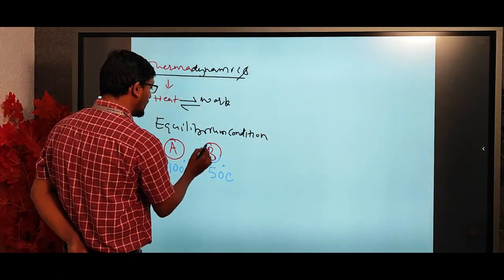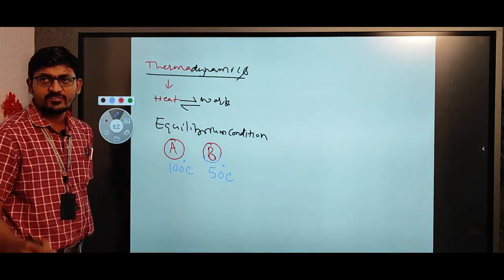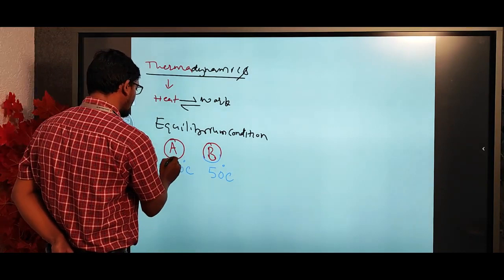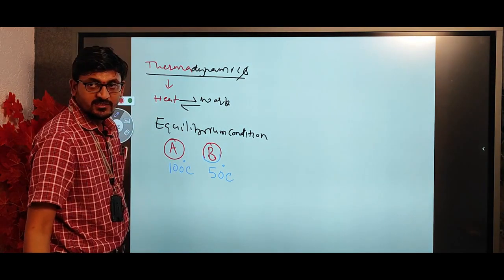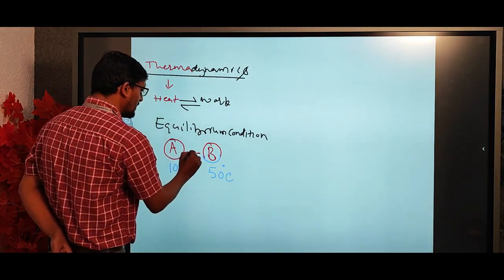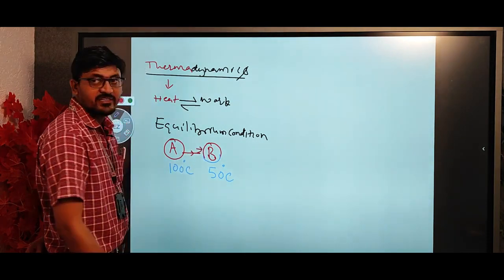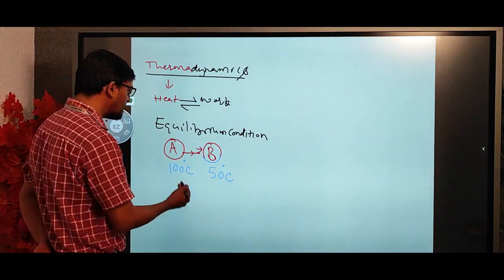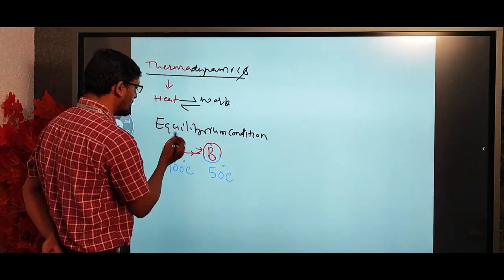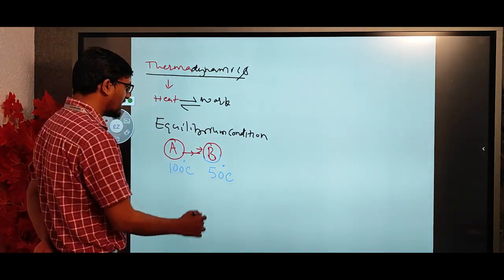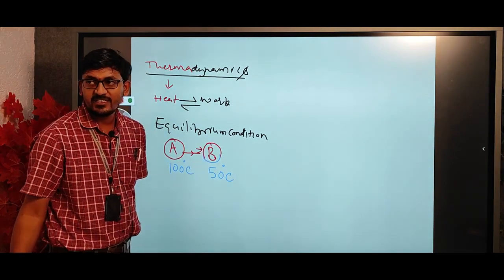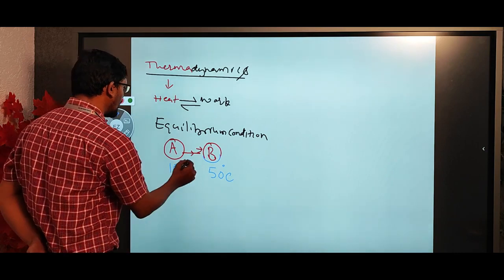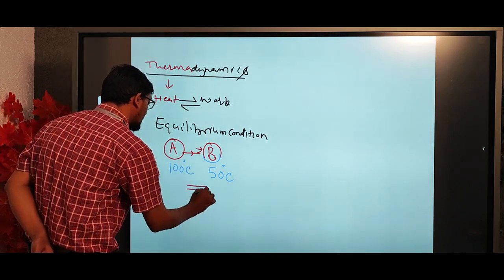So we kept these 2 bodies in atmosphere for some time, and later this body will lose some heat, and this body will gain the heat which is rejected by body A. So obviously there will be a temperature drop in body A, as well as a temperature gain in body B.